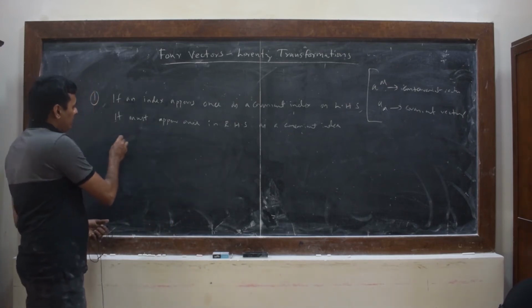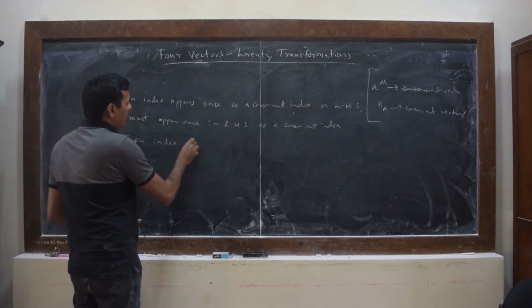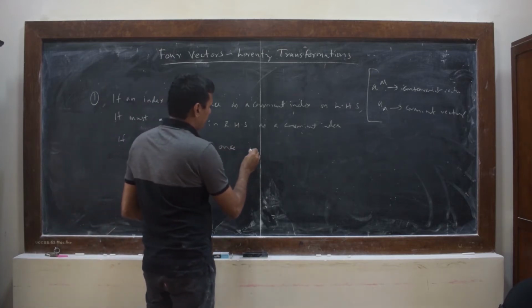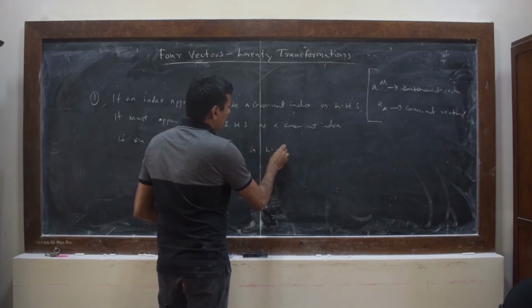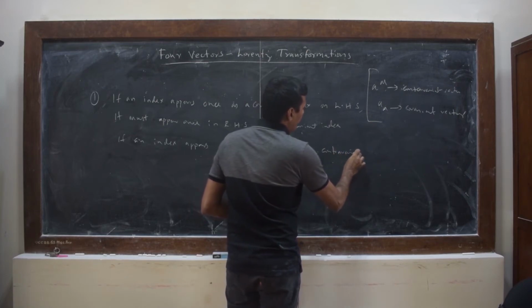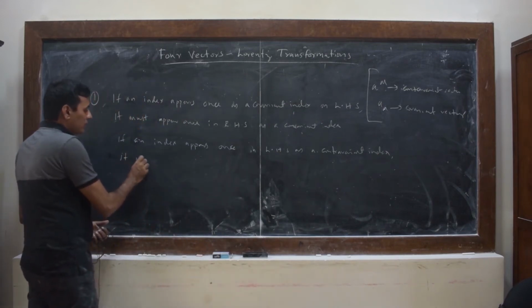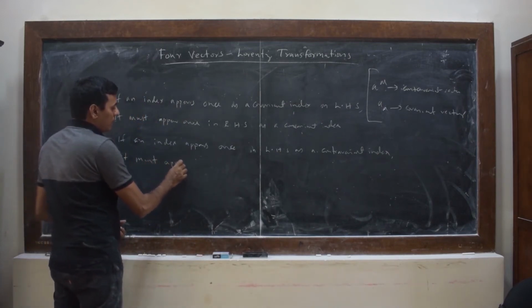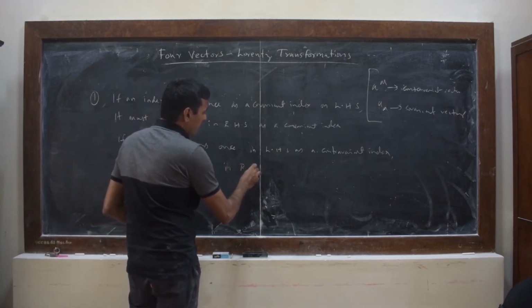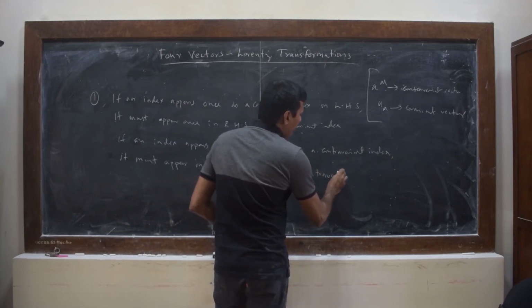Similarly, if an index appears once on the LHS as a contravariant index, it must appear once on the RHS as a contravariant index.